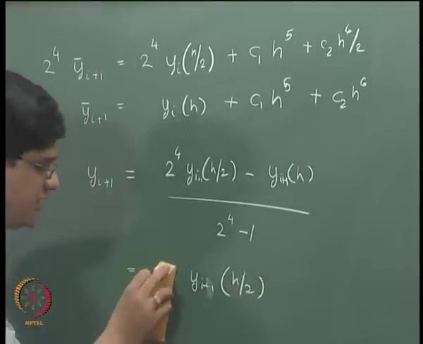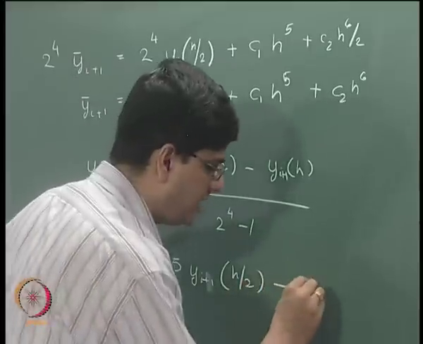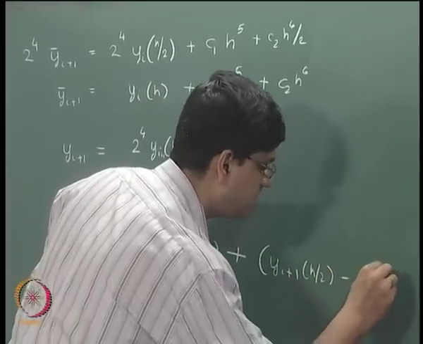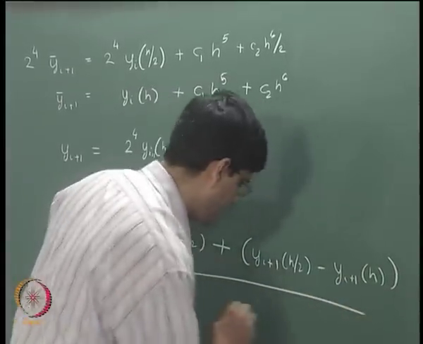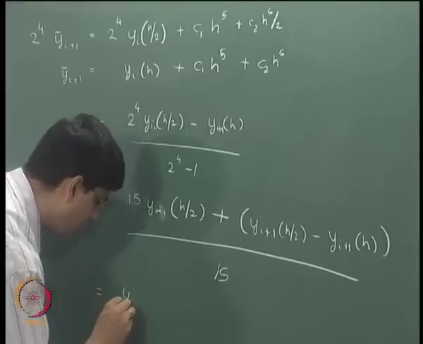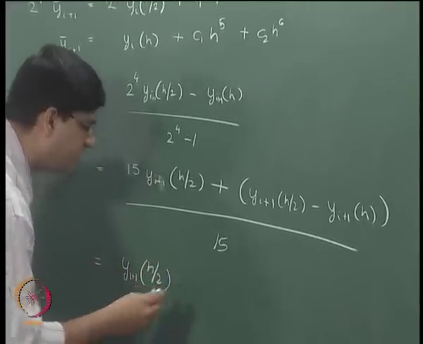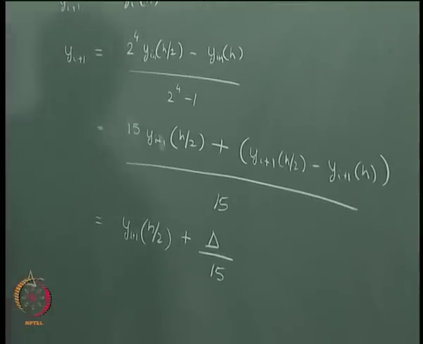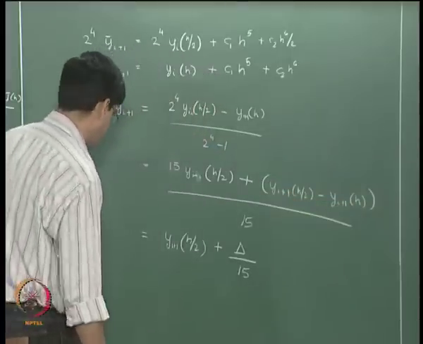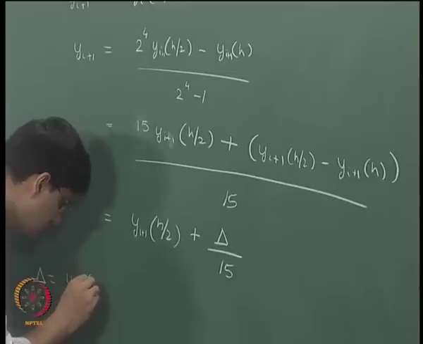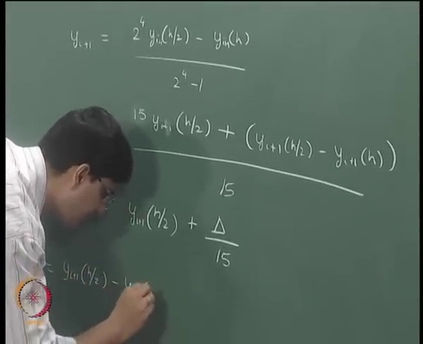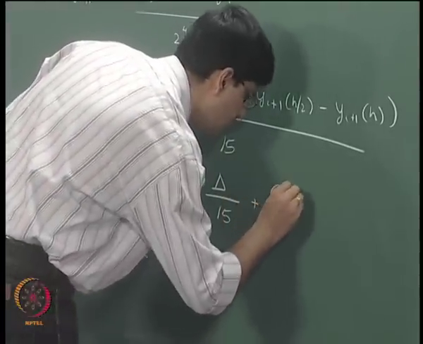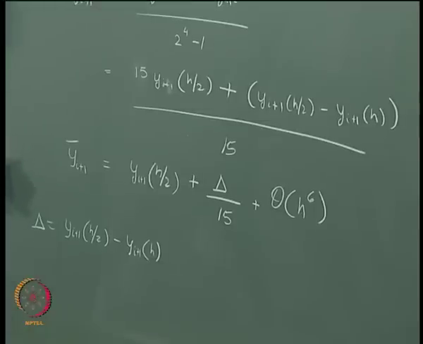I can write this as 15 times yi plus 1 at h by 2 plus yi plus 1 at h by 2 minus yi plus 1 at h, divided by 15, which we will be able to write as yi plus 1 computed at h by 2 plus delta divided by 15, where delta is defined as the difference yi plus 1 at h by 2 minus yi plus 1 at h. Okay. And this is going to be our final result.